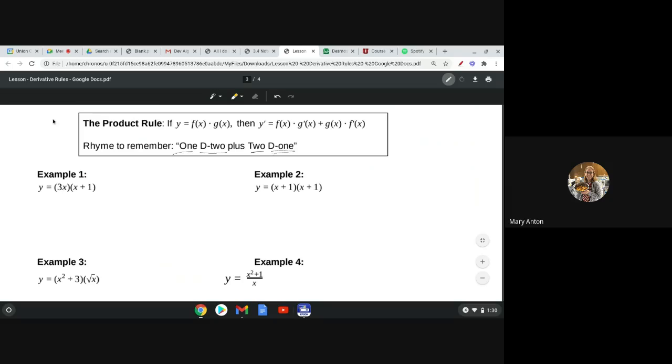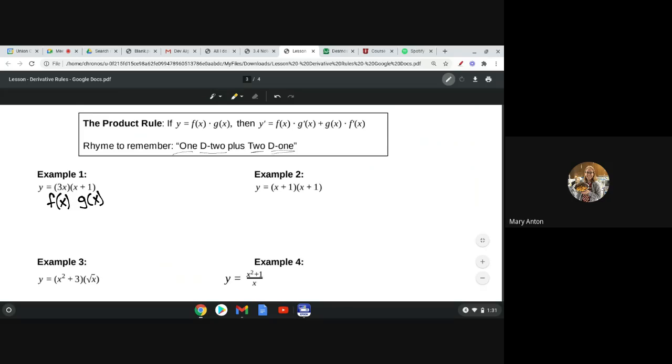So the derivative of example 1, 3x times x plus 1. Using this handy little formula, we can say the derivative, y prime, is equal to our first function. Maybe we should call one of these f of x and one of them g of x. Does it matter which one we pick to be which one? No, to be multiplied. So what do you want f of x to be? 3x. And g of x?